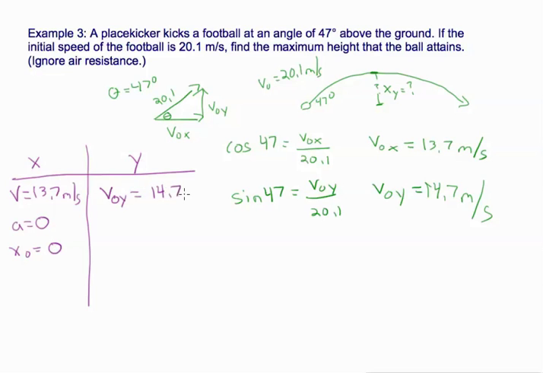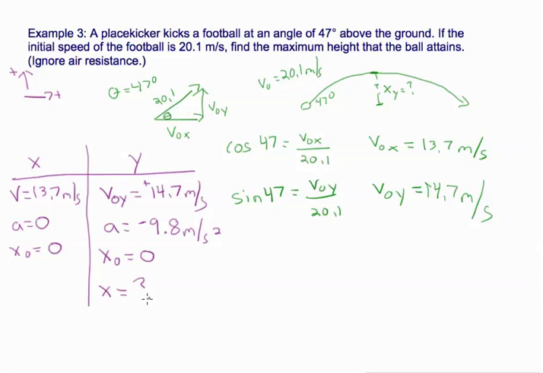And since we're going to say positive and positive, this value is positive and our acceleration is negative because it is down towards the earth. We know that our initial displacement is 0 and we are asked to find our final displacement.